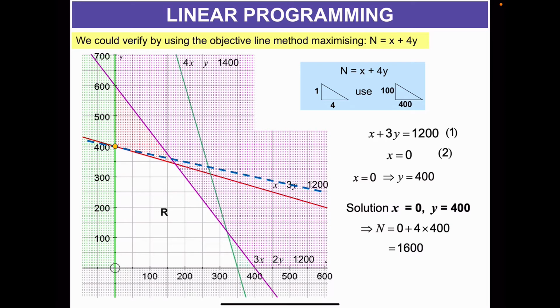Each of these methods, whether it's the objective line method or the vertex testing method, has its own advantages and disadvantages. Unless it's specified which method you need to use, you can choose. If the coordinates of all the vertices are given, I personally think that the vertex testing method is faster, because you just plug the numbers in and find which point maximizes or minimizes the objective function.